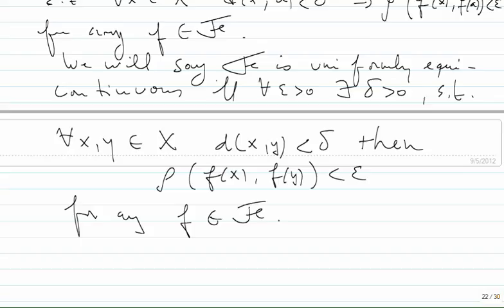These two concepts of equicontinuous and uniformly equicontinuous were introduced by two Italian mathematicians more than 150 years ago, Ascoli and Arzelà. In order for us to state their beautiful results, we will need the following. As I said earlier, we need to look at C(X, Y) as a metric space. So what would be the distance between two functions? In order to do that, we're going to introduce another subset of C(X, Y).